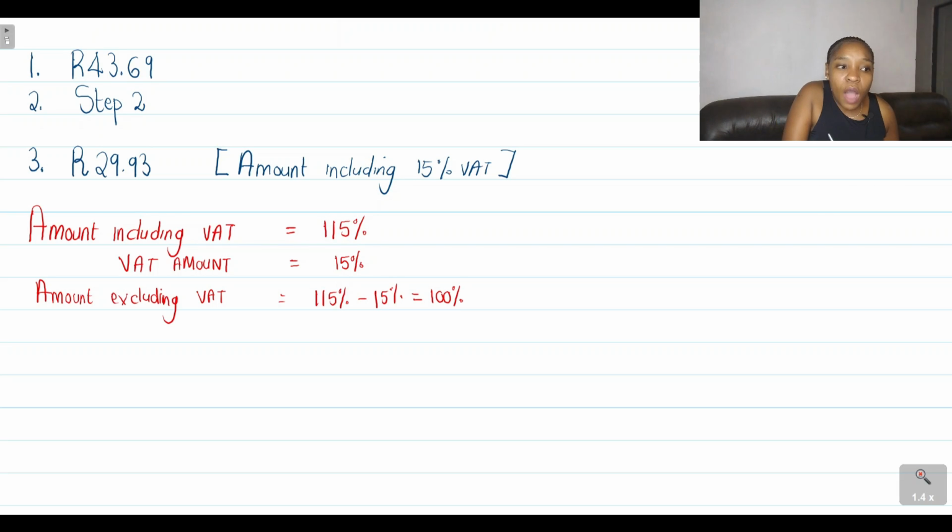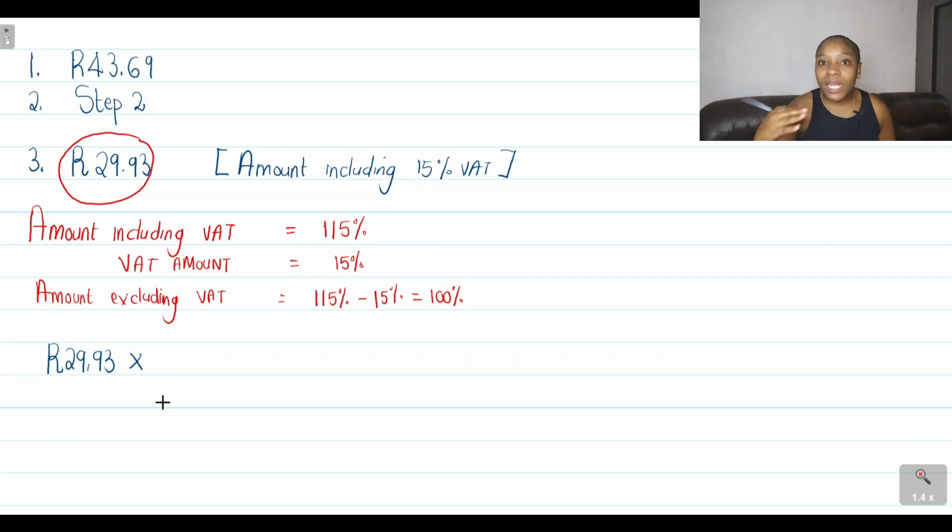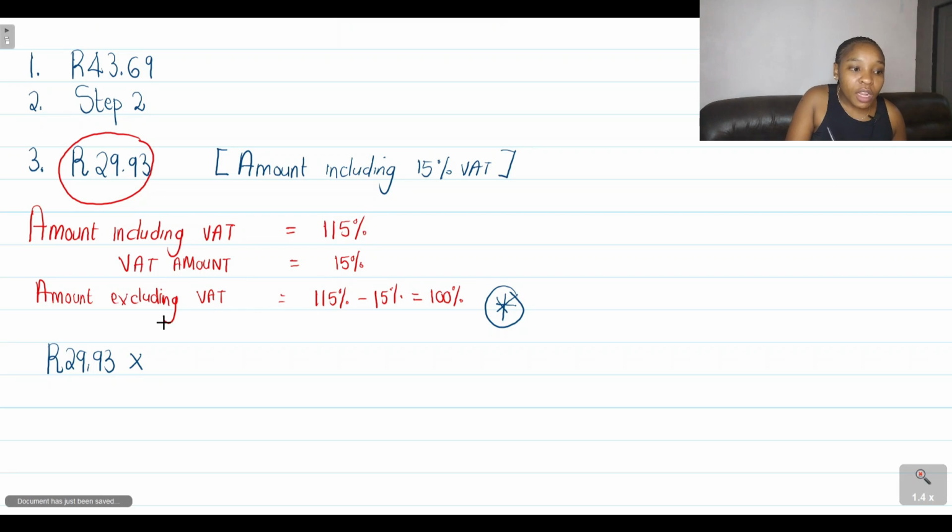Okay, so how would we get the amount excluding VAT from that amount? What you do is you take that 29 Rand and 93 cents, and you multiply by what you want. What do you want, guys? We want to find what the amount excluding VAT is going to be. So we're going to multiply by 100%, and you divide it by what you have.